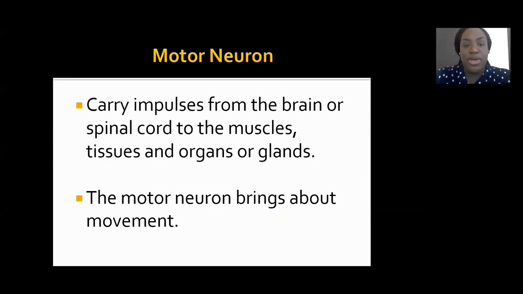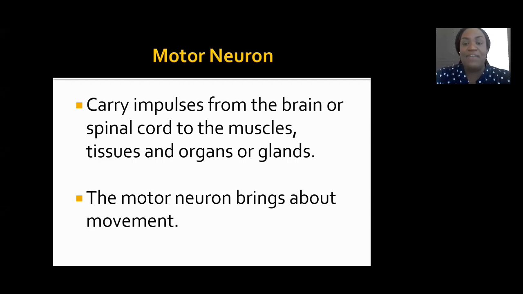So the job of the motor neuron is to carry impulses from the brain or spinal cord, which in essence is the central nervous system, to muscles, glands, tissues, or organs. These are called effectors, and they are going to bring about a response in your body.